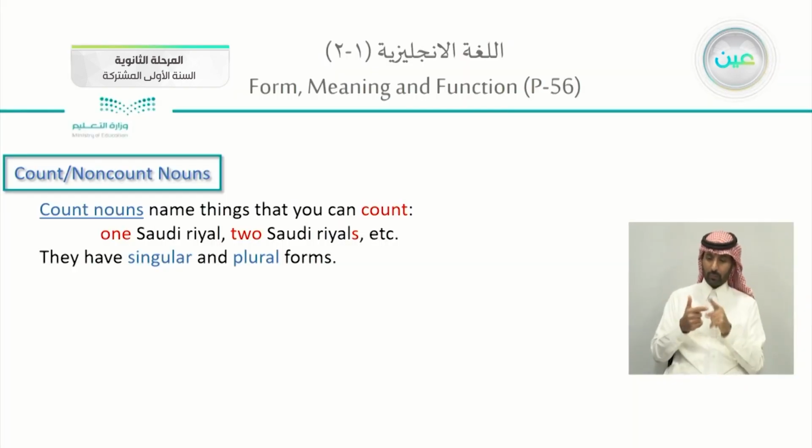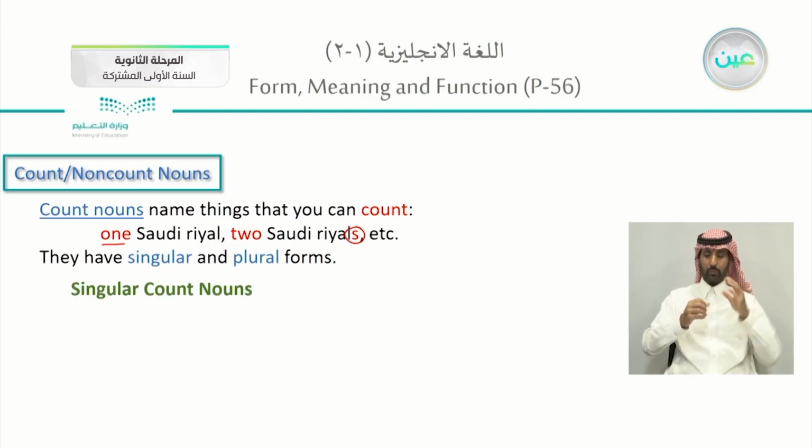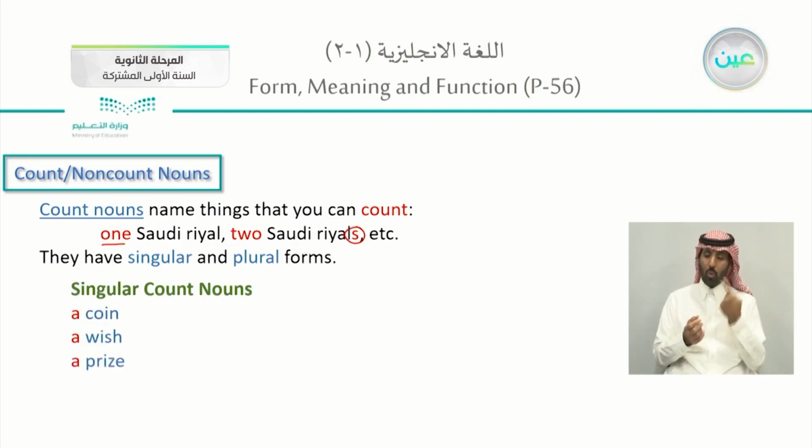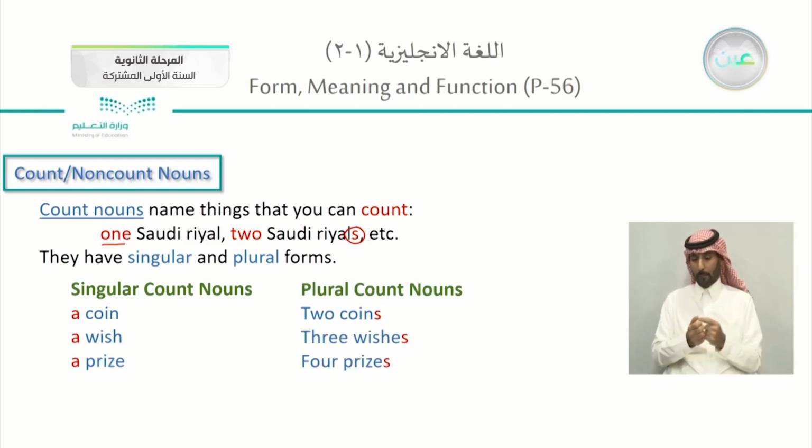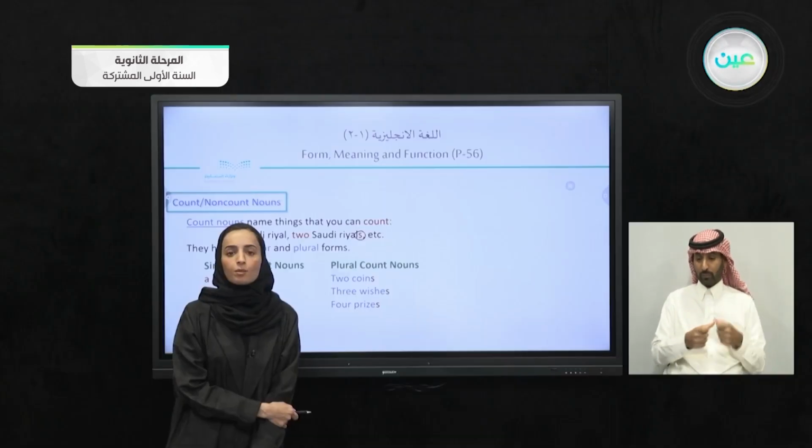This is the singular, 1, and this is the plural, riyals, more than 1. Singular count nouns like a coin, a wish, a prize. And the plural nouns of these, we're having 2 coins, 3 wishes, and 4 prizes. You can give a number.